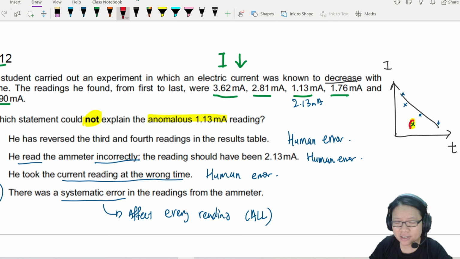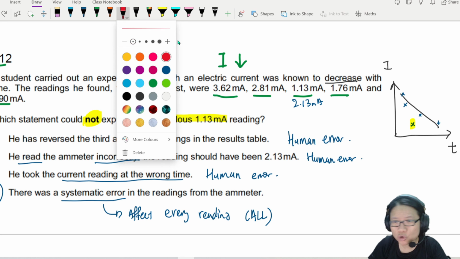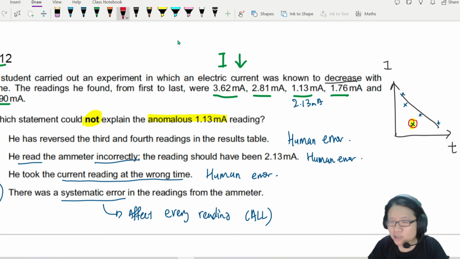So this kind of thing, if there's only one that is problematic, this is normally due to human error. So for example, if I see you in the lab and we do this experiment and then I collect results. And then you come to me and you say, Miss, my answer is not correct. Why? Well, the first thing I do is I'm going to look at your answer and check with your friends.